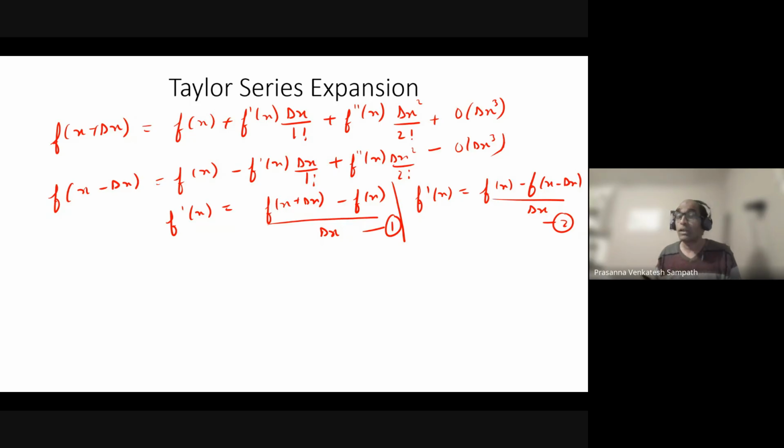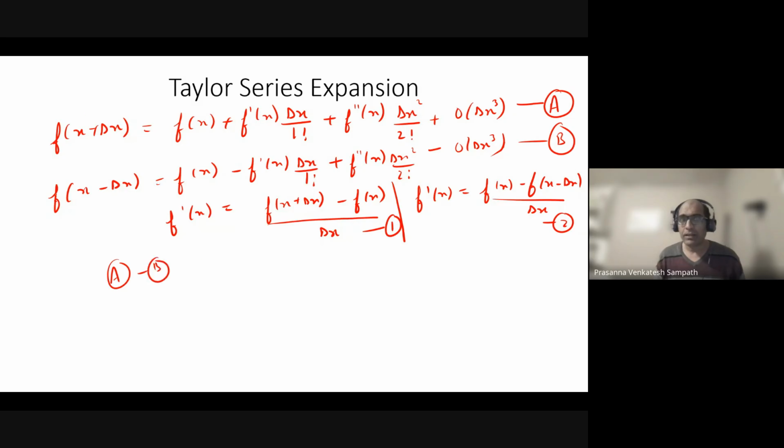Now there is also another way of doing this, which is called the central difference. What you can do is, let's call these equation A and equation B. Suppose I do A minus B. What will I get?